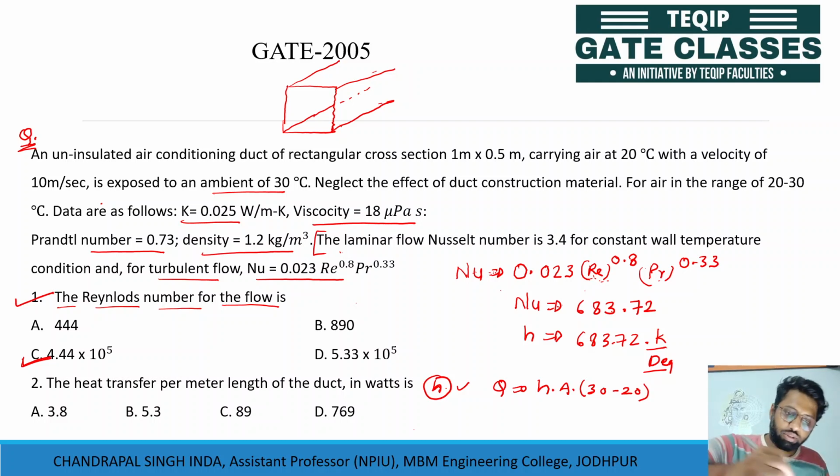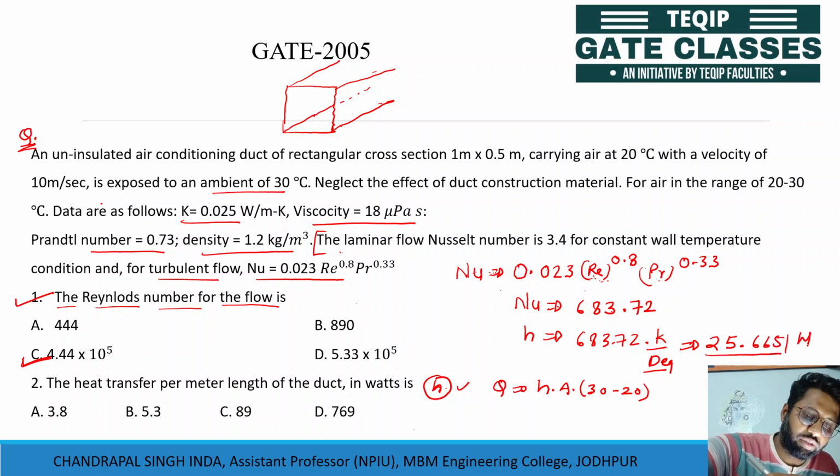We will have h equal to 25.6651 watt per meter square Kelvin.